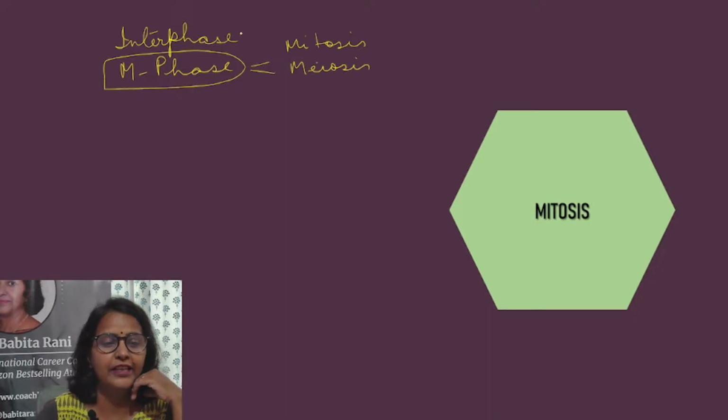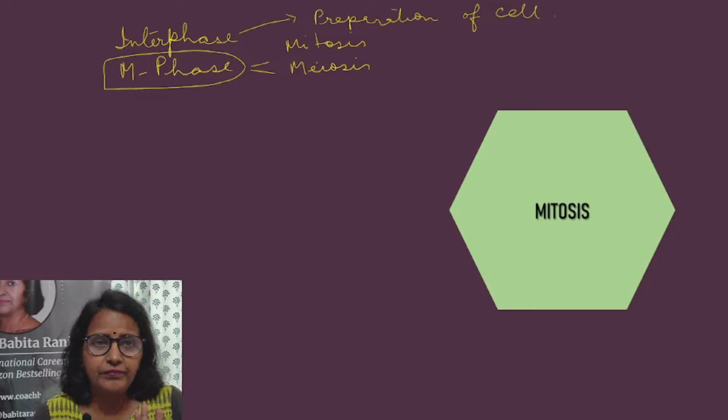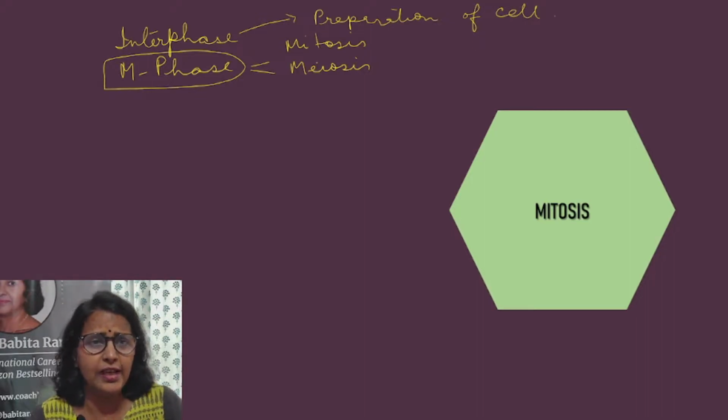What happens in interphase? Preparation of the cell takes place for the division to take place. For preparation of the cell, certain raw materials are collected: different types of proteins, enzymes, the nucleosides. These are all collected during the interphase, and then division takes place in the M phase.